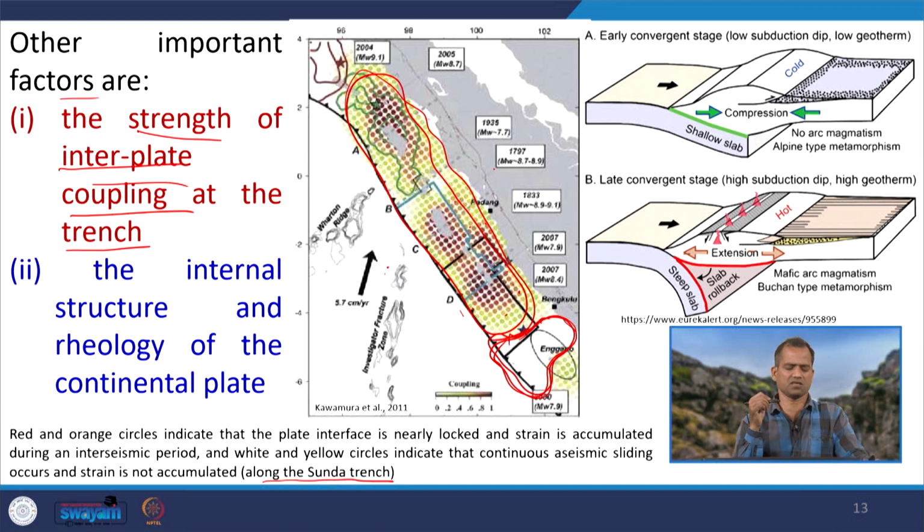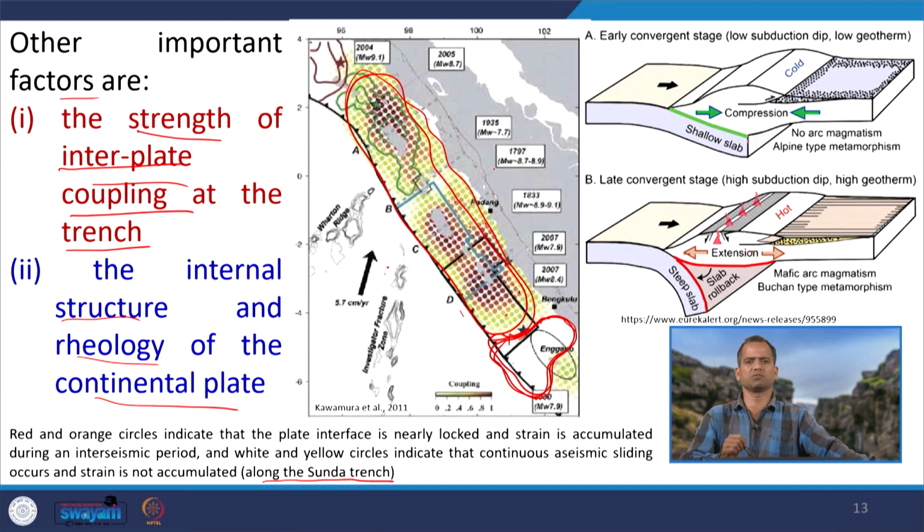So, the internal structure and the rheology of the continental plate, how this continental plate's internal structure is responsible for these mountain building activities. Whether this continental lithosphere has undergone any subsequent deformation before it took part in the collisional system, whether it is metamorphosed, and if so, what is the degree of metamorphism.